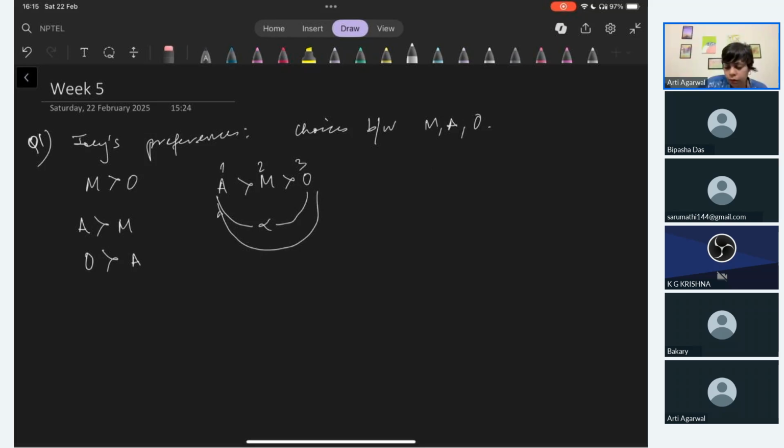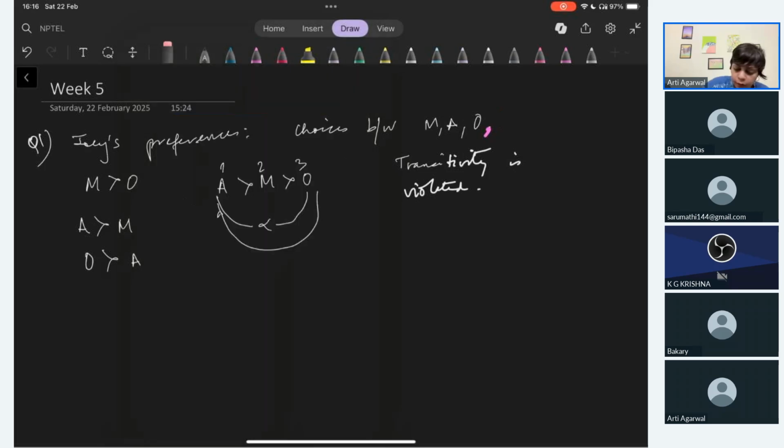Now, why is completeness and reflexivity not violated? Does anyone want to answer? What do we mean by completeness or reflexivity getting violated, by the way? Let's say, what would happen if completeness was violated?